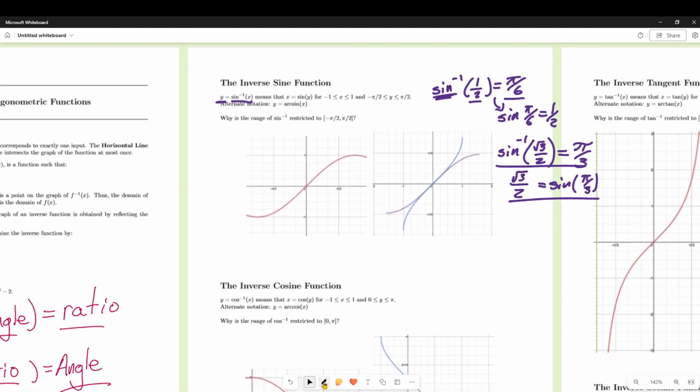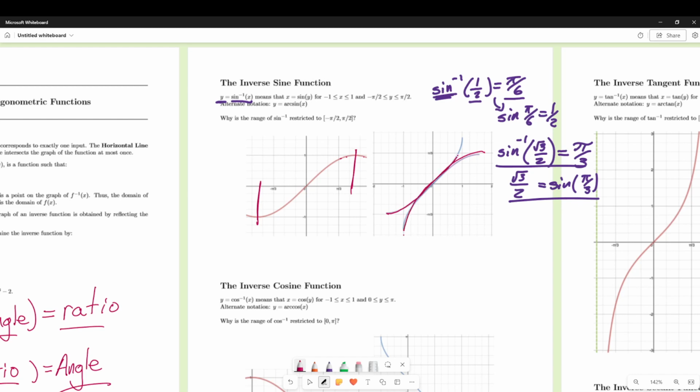We essentially have to cut this off here and here so we don't get multiple answers occurring, which is why our inverse function is just that little part between negative pi over 2 and pi over 2.